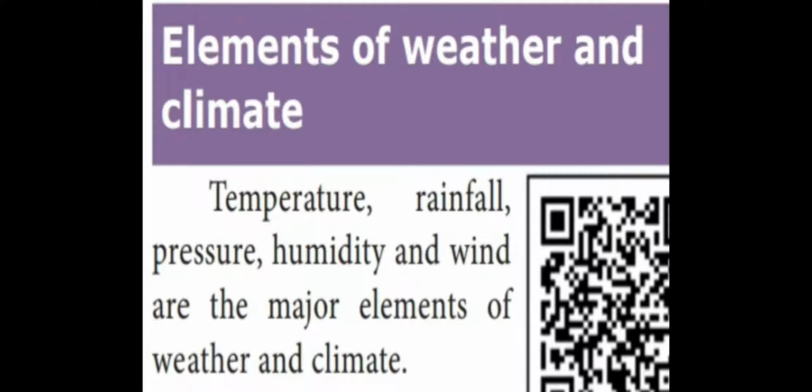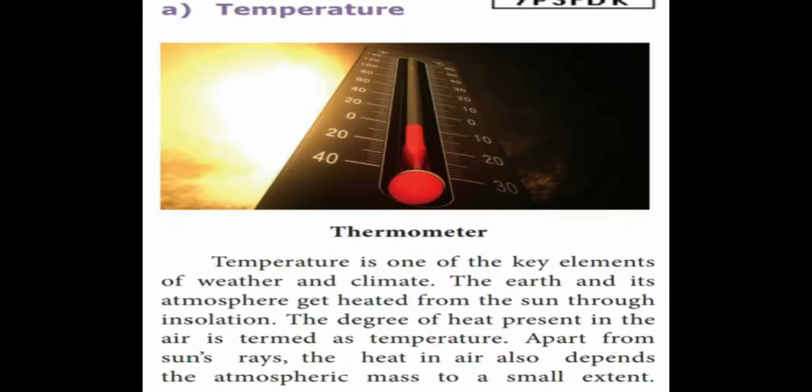So, humidity is nothing but the amount of water vapor in the air, or the moisture content in the air, is called as what? Humidity. Next, coming to temperature. What we could see in the picture, a thermometer, isn't it? A thermometer is used to measure the temperature, right? Temperature is one of the key elements of weather and climate.